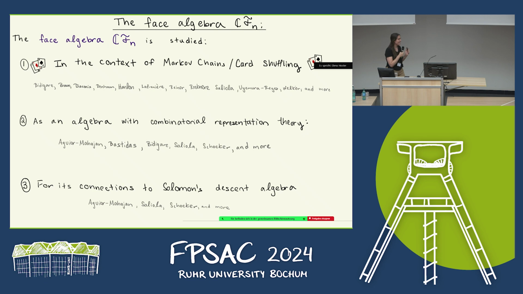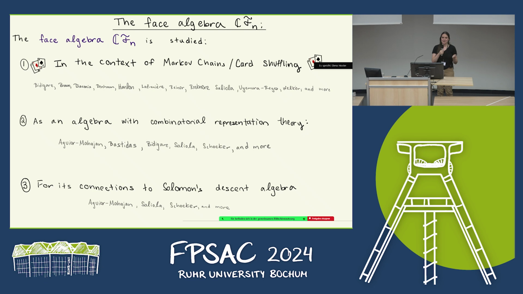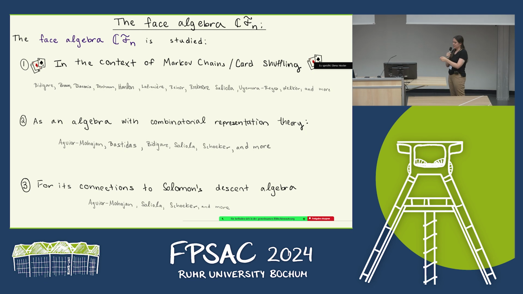Okay, so if you haven't seen this multiplication before, it might seem a little strange to do. So I wanted to give some context into why people study this. More than the plain face monoid, what people really tend to study is the associated algebra, which is called the face algebra and written as CFN.